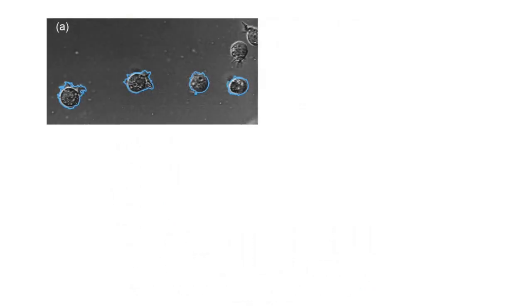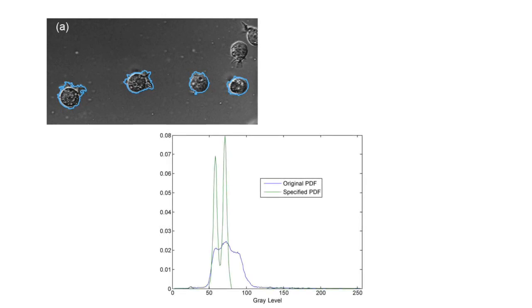Histogram specification can be used to help us segment images. Let's take a look at that image where we're trying to segment those parts. So the segmentation is the one in blue, and notice how we're missing some parts of the image. These are the histograms corresponding to the original image in blue, as you can see there. Between the peaks, we don't have a clear valley, so any thresholding technique that will allow us to identify those segments is not as clear in the blue as in the green.